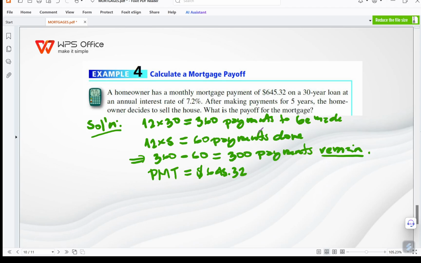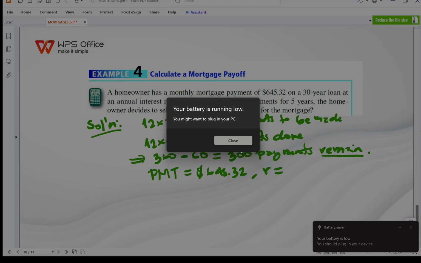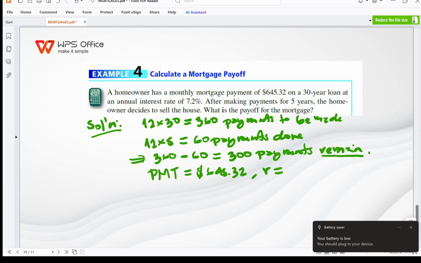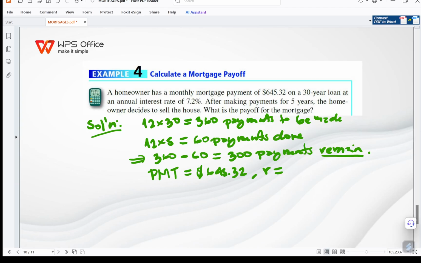And the annual interest rate R is 7.2%, so 7.2% is equal to 0.072. From there, we go to our formula.